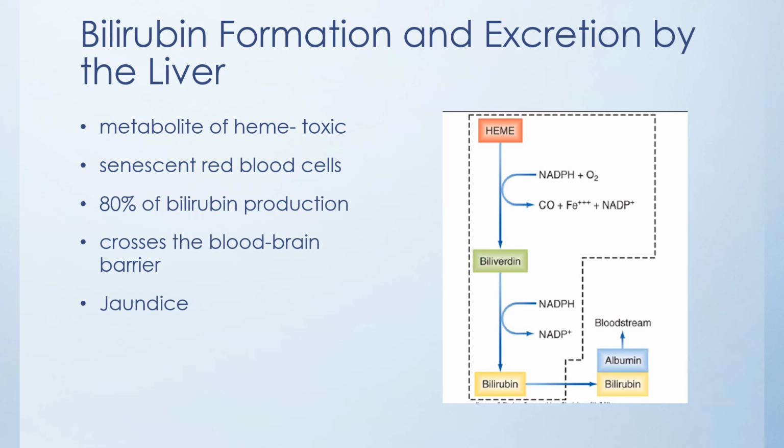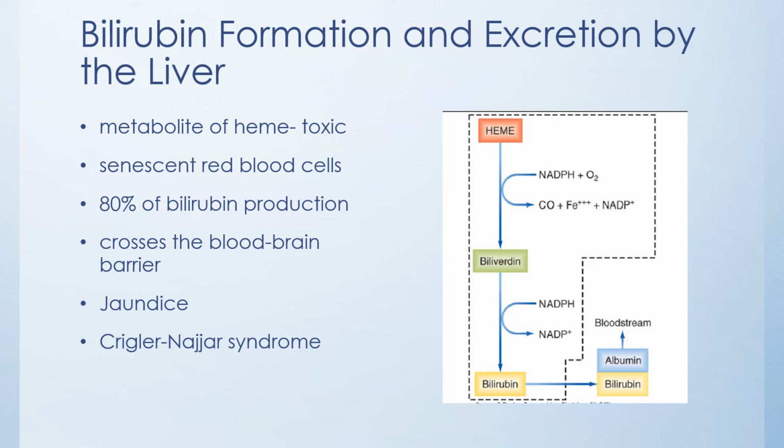So in the conjugation of your bilirubin in the liver, there are some congenital defects or conditions that may produce an inability of the liver to conjugate the bilirubin.